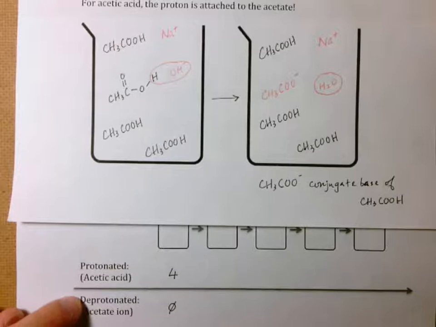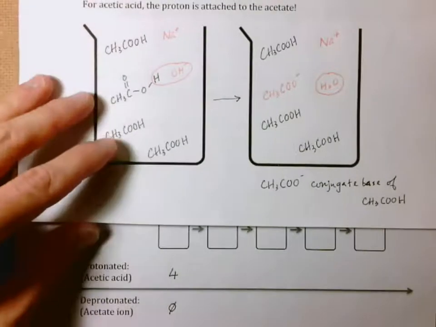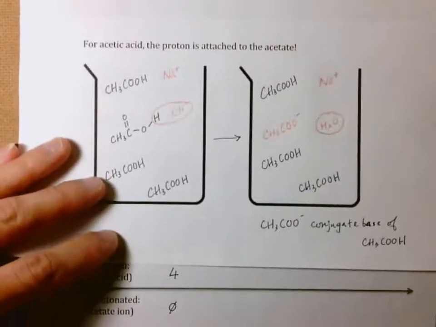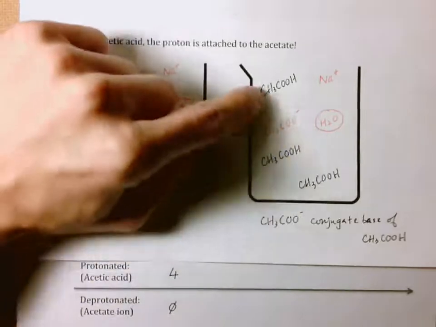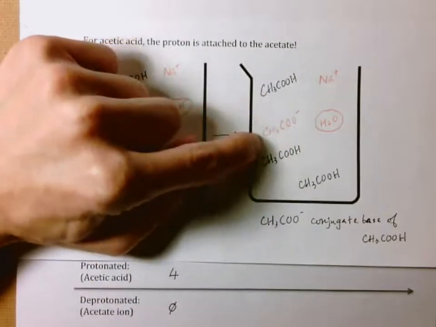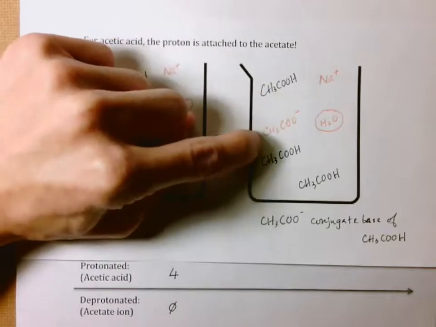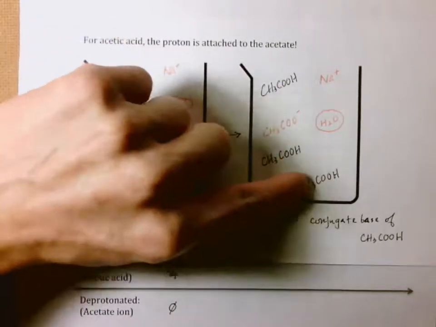Oh, I use the words protonated and deprotonated form. I don't use H plus and Cl minus. The reason is this. If you look at this diagram, the acetate is actually in every single one of them.